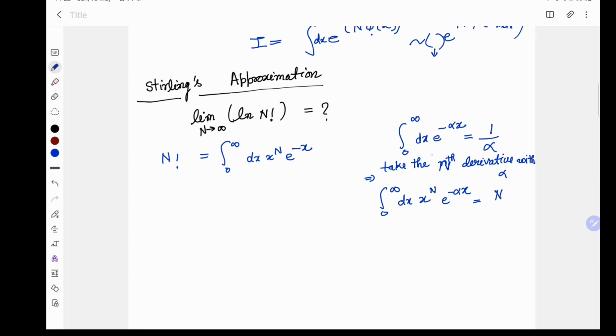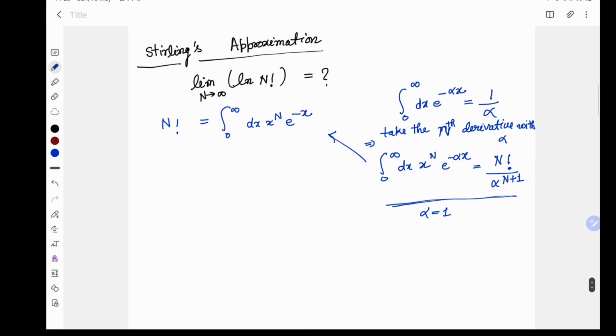Then the second derivative gives x square, and 1 and 2 by alpha cube, and so on. So the numerator has the form n factorial, the minus factor cancels from both sides, and this is alpha to the power n plus 1. You can check this, and now set alpha equal to 1, so you will have the same form as this.